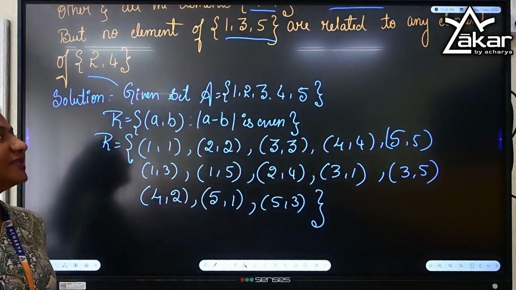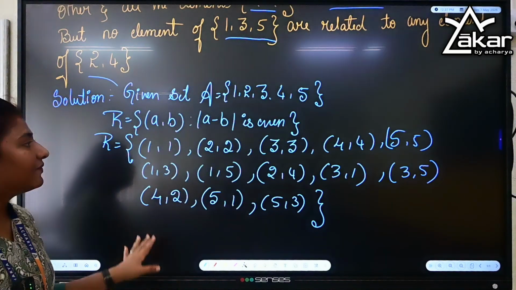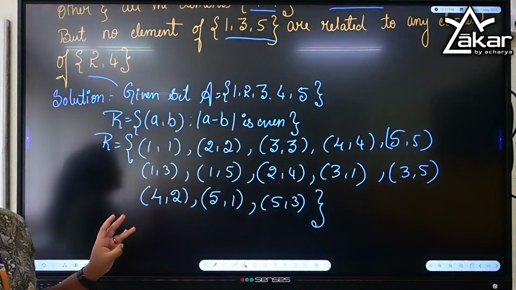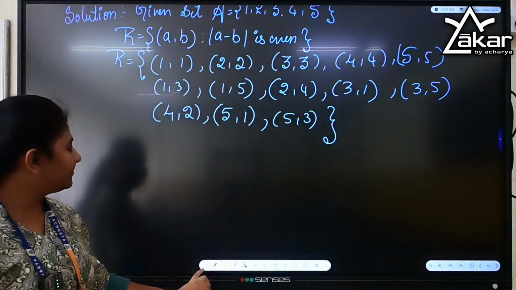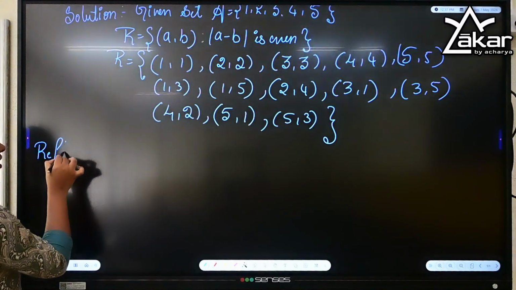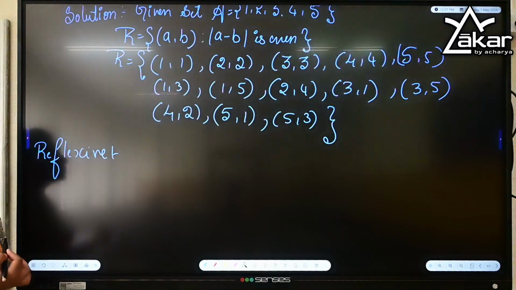These are the relations that are related to the even elements, right? So in this condition, we need to show it is reflexive, transitive and symmetric. As you know, what does the reflexive property say? The reflexive property always says that every value should have its own reflection.